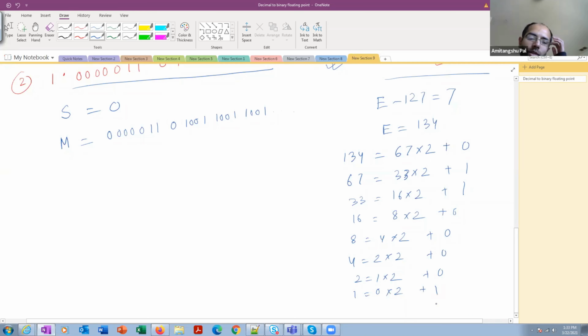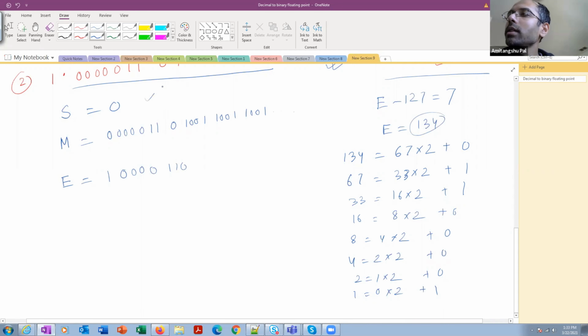So that means the binary number is going to be 1 0 0 0 0 1 1 0. So E is going to be equal to 1 0 0 0 0 1 1 0. Basically, I have converted 134 to binary.